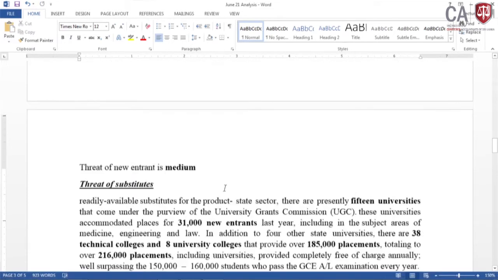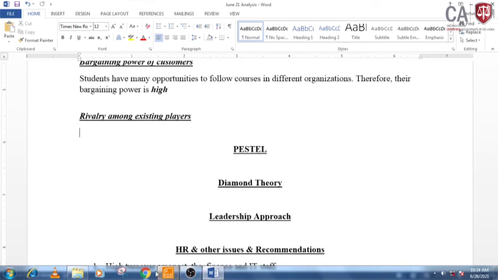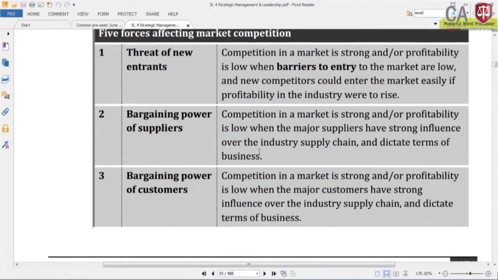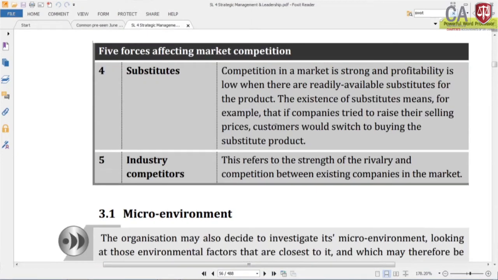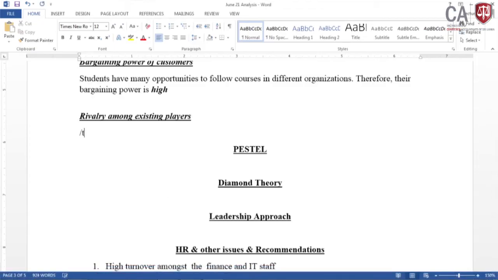So, what about the rivalry among existing players? That means the final one, industry competitors. So, what do you think? There are a few established players in the market.